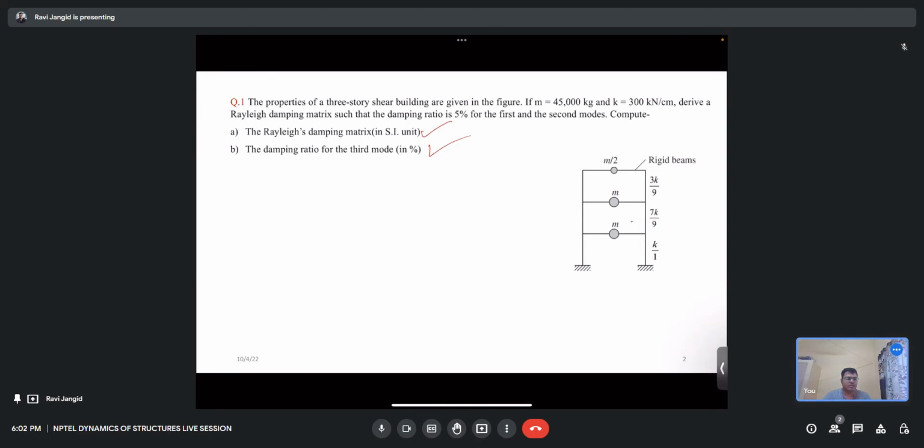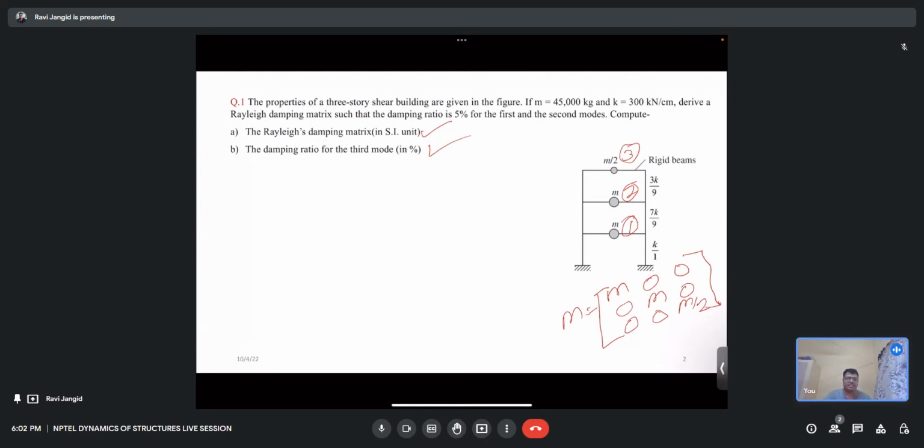This is degree of freedom 1, 2, 3. I have discussed these earlier, and if you do it by yourself, that will definitely help you.